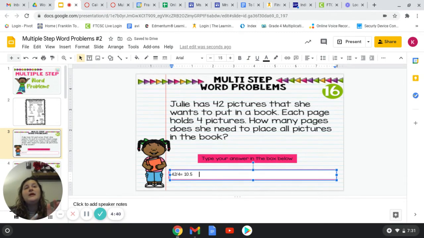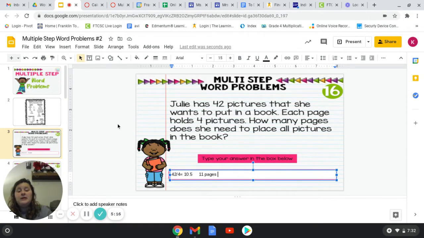So when we think about what we have to do with that remainder, we will actually have to round up, not add up, round up. So we're actually going to get that she needs 11 pages for all of her pictures. If that doesn't make sense, let me know. Because I know that problem in particular was not a 2-step or 3-step word problem like we've been working with. That was just a 1-step.